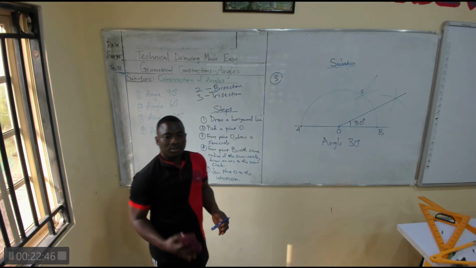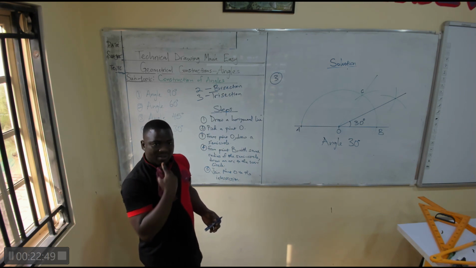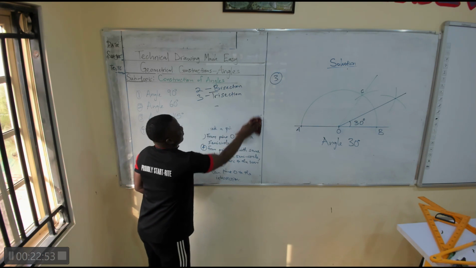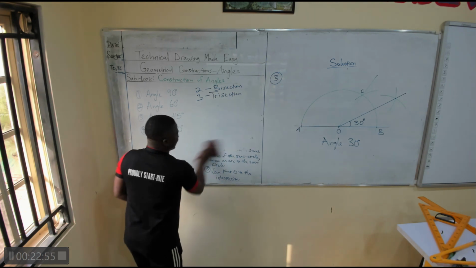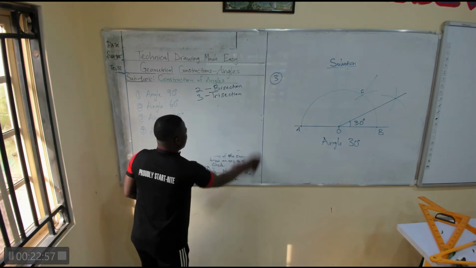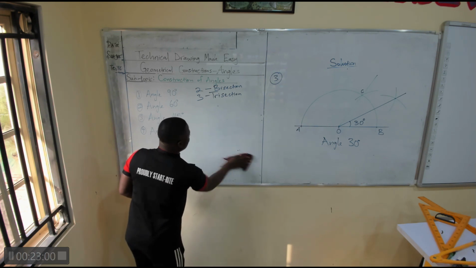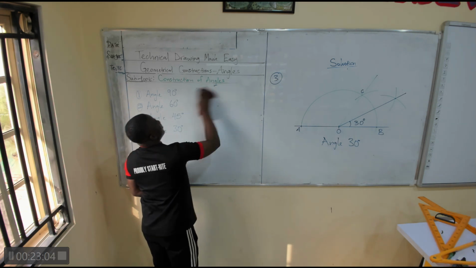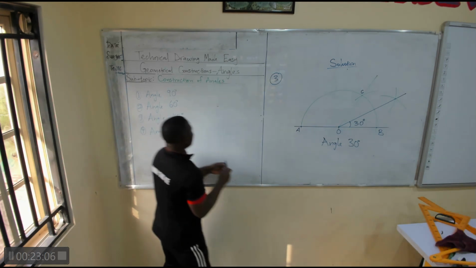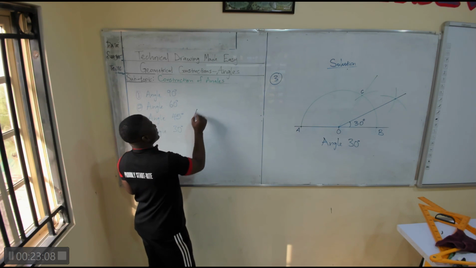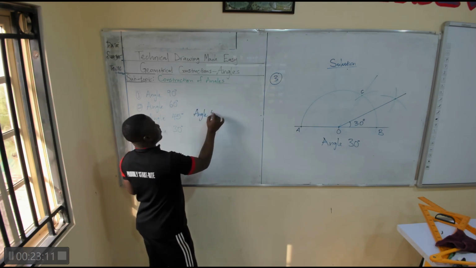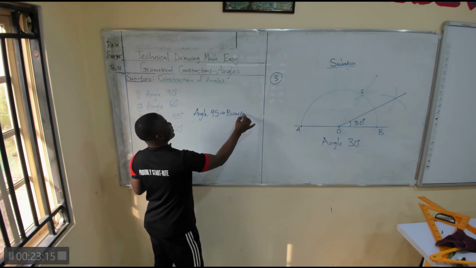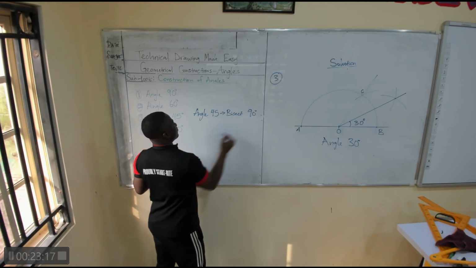So we have come to the end of construction of angles. Construction of special angles: angle 90, angle 60, angle 45, angle 30. Now remember that to get angle 45, we what? We bisect 90 degrees.